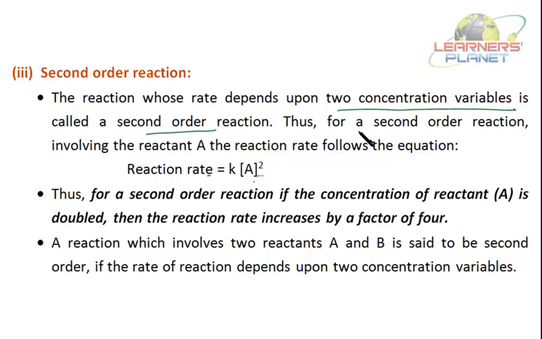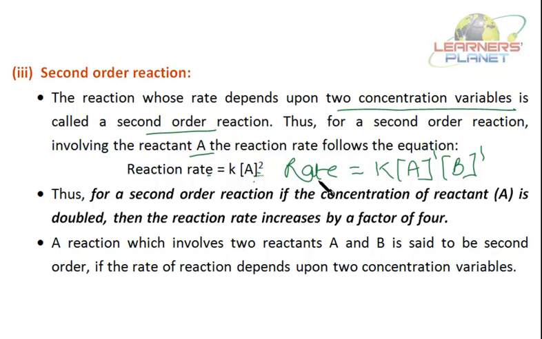Thus, for a second order reaction involving the reactant A, the reaction rate follows the equation: reaction rate is equal to k[A] to the power 2. If there are two reactants, then the rate will be written as rate is equal to k[A] to the power 1 [B] to the power 1.